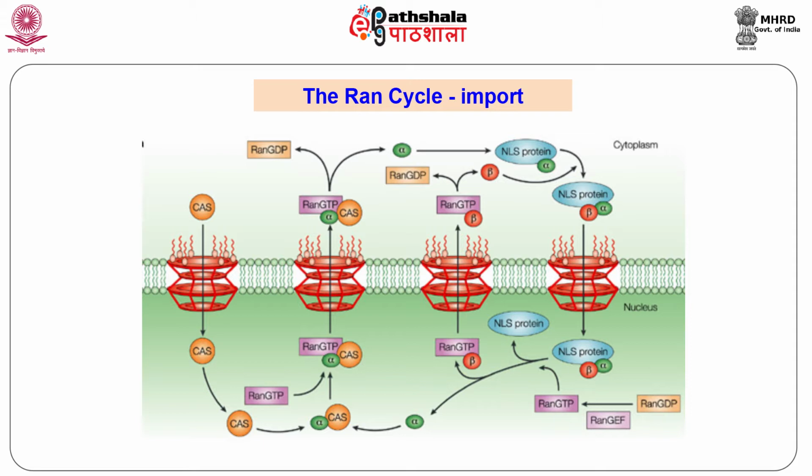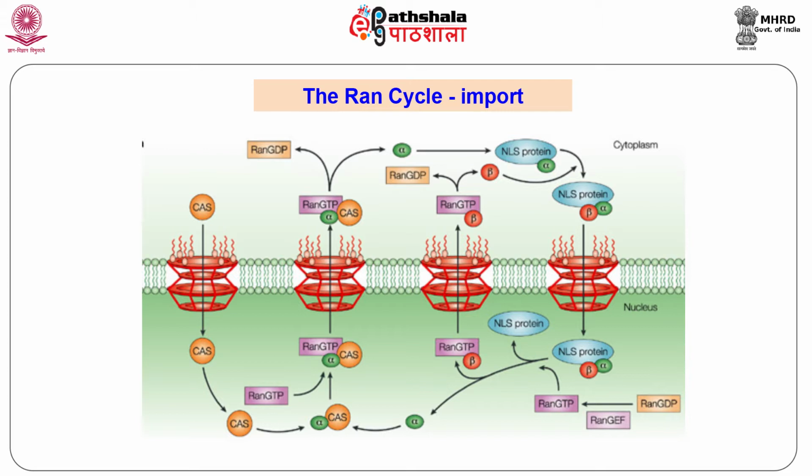The importin beta RAN GTP complex then leaves the nucleus so that importins return to the cytoplasm. In the nucleus, high RAN GTP concentration is maintained by RAN GEF, which is RAN guanine nucleotide exchange factor. It is an enzyme that stimulates conversion of GDP to GTP.